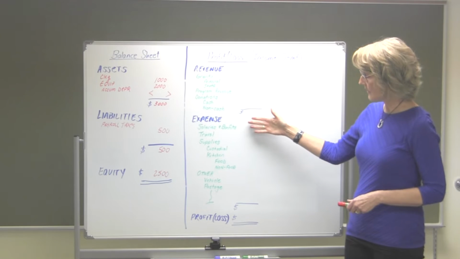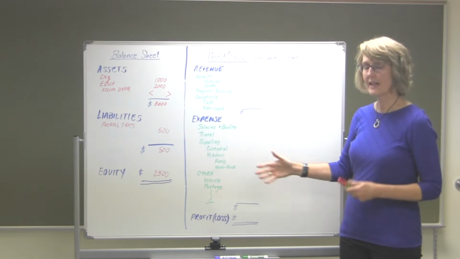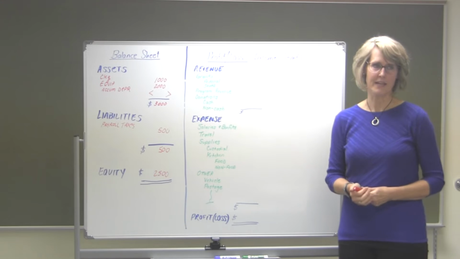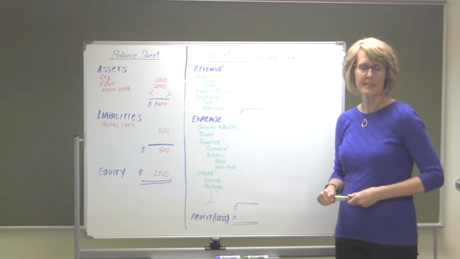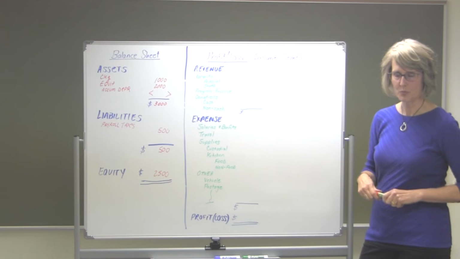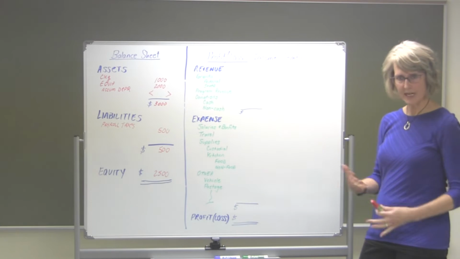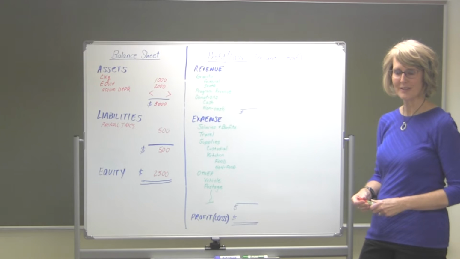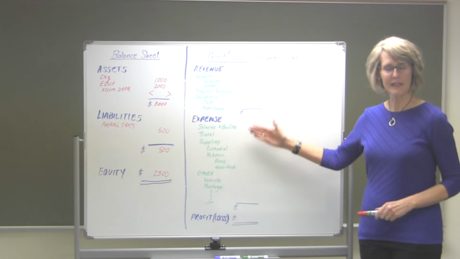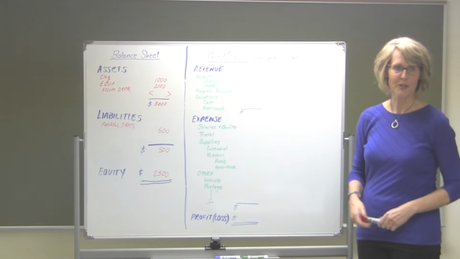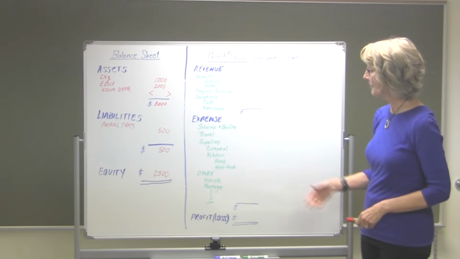The expense section of your profit and loss is going to be broken down in a multitude of ways, and this is where you want to decide how to set this up to better communicate to your directors and your board.